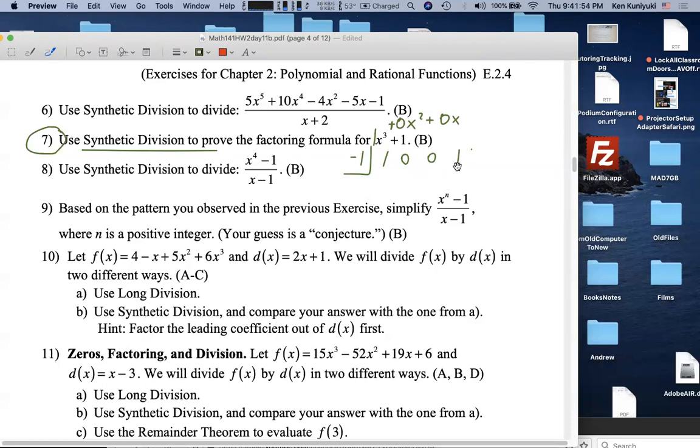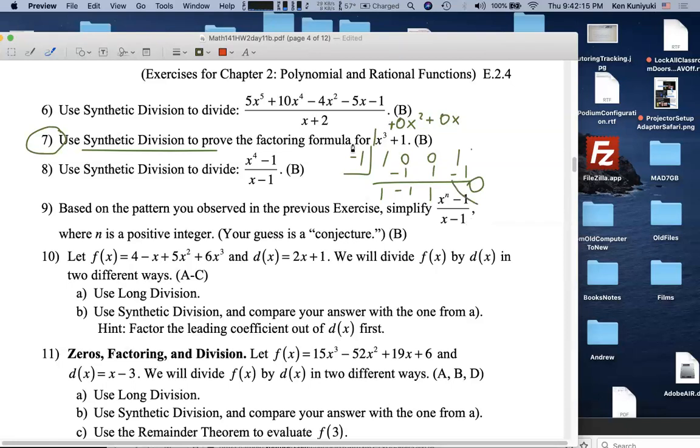You need to have the coefficients for the missing terms in the middle. We bring down the 1. Multiply. Add. Multiply. Add. Multiply. Add.